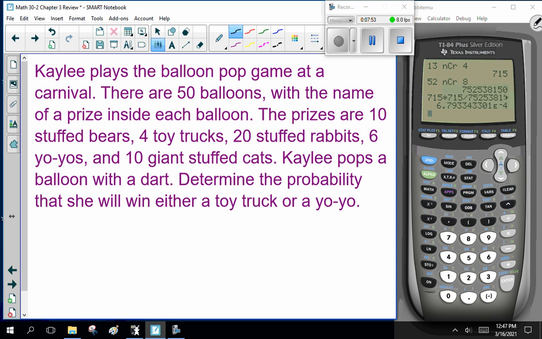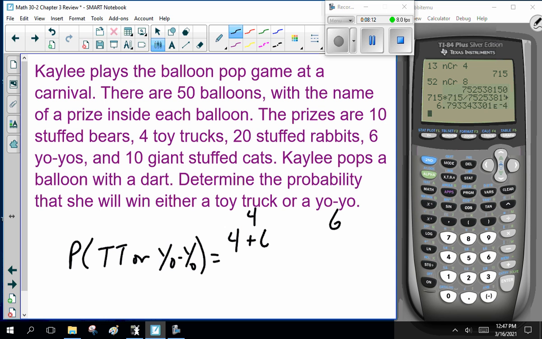Well, 4 toy trucks, and how many yo-yos? 6 yo-yos. So probability of a toy truck or yo-yo is 4 toy trucks and 6 yo-yos out of a possible 50, which is 10 out of 50, 0.2 or 20%. Okay, so there's a 20% chance she'll get a toy truck or a yo-yo.